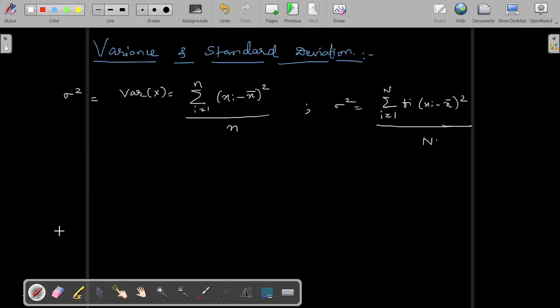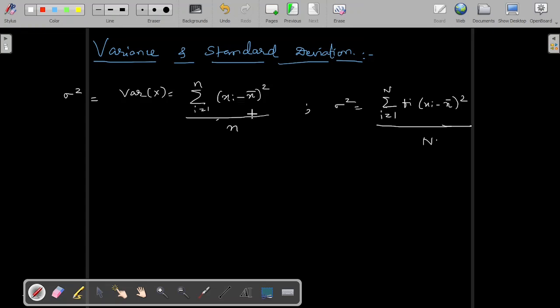Now about the last measure of dispersion, that is variance and standard deviation. In previous methods, we have seen that while calculating the mean deviation, the negative deviations are straight away made positive using modulus. To overcome this drawback, we can use the next measure of dispersion, which is variance.